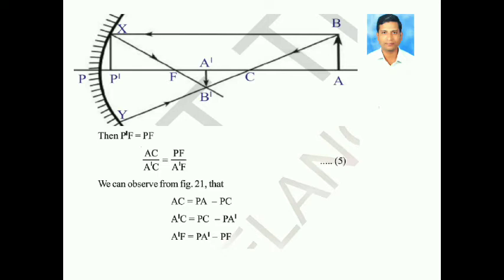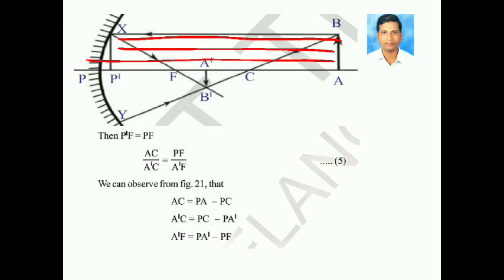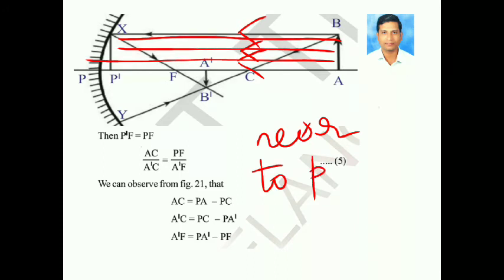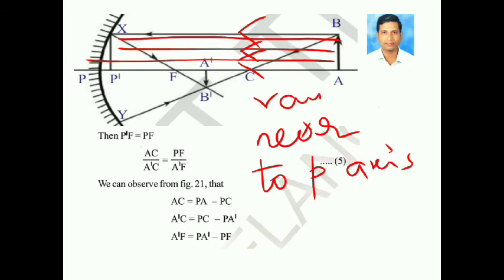If the paraxial rays are considered, the rays which are traveling very near to the principal axis are called paraxial rays.